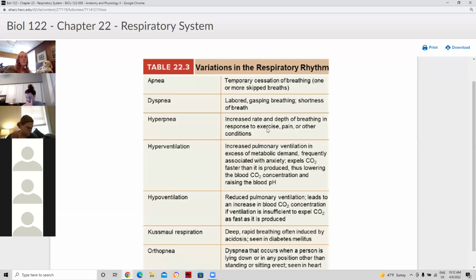Hyperventilation is increased pulmonary ventilation in excess of metabolic demands, and is frequently associated with anxiety, expelling carbon dioxide, raising the blood pH by lowering the carbon dioxide concentration in the blood.